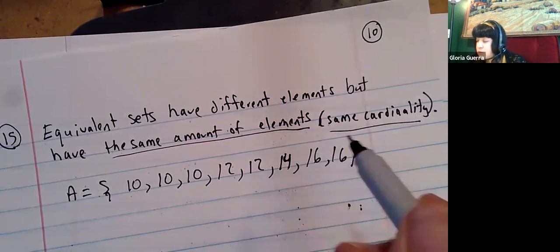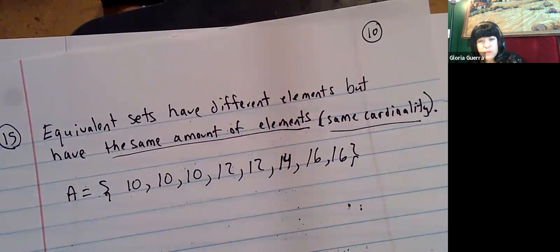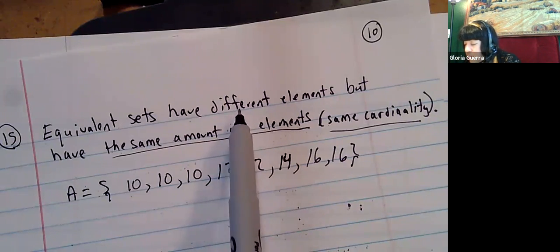And okay, I guess that's kind of why they say different elements, because when you see this set, all these tens, all these repeating numbers, yeah, you don't want to count that as a cardinality. I'm going to say that's probably why they said that different elements.